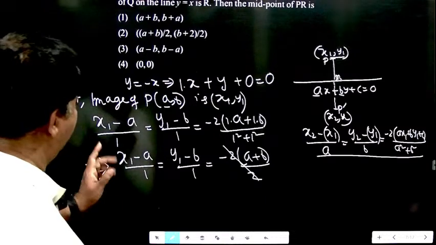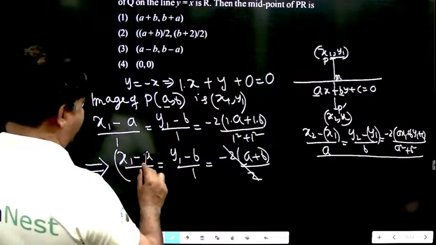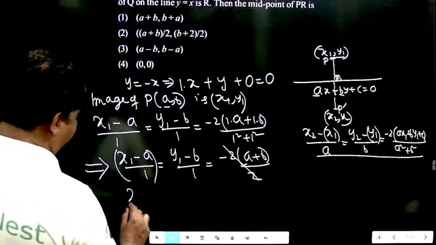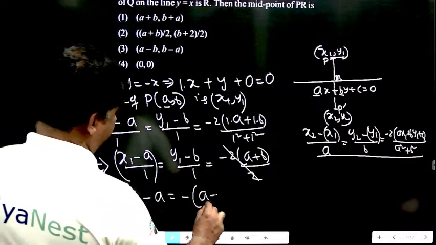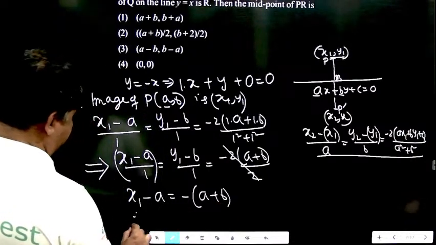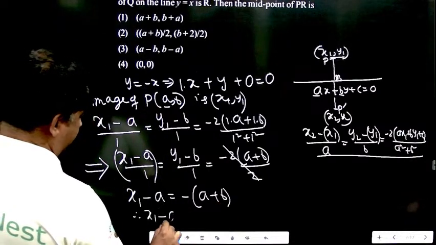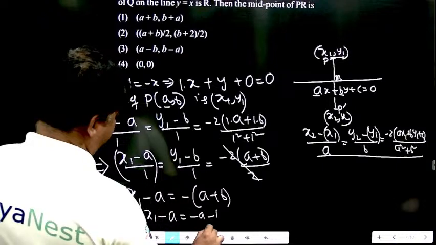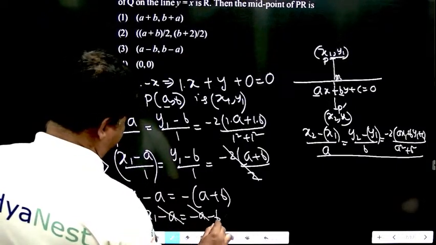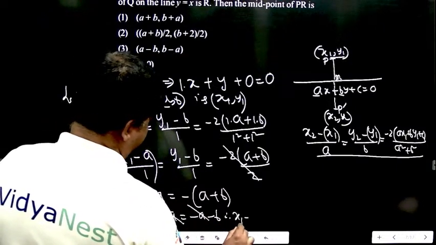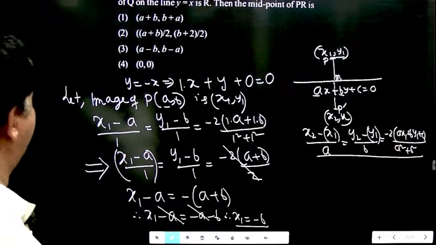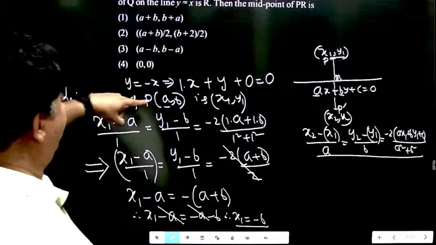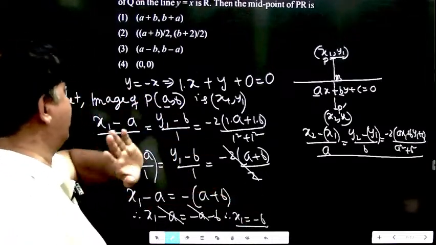Now, if I make these two equal, x1 is minus b. That means the image of that component A is minus b.